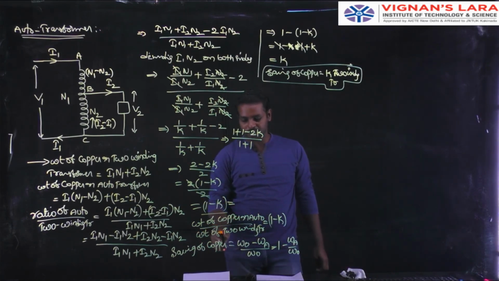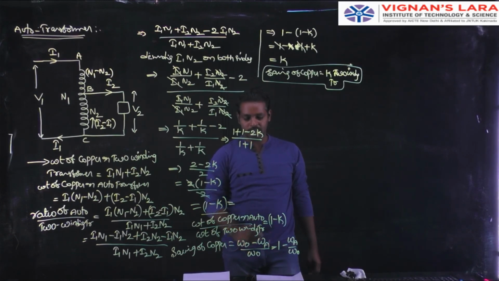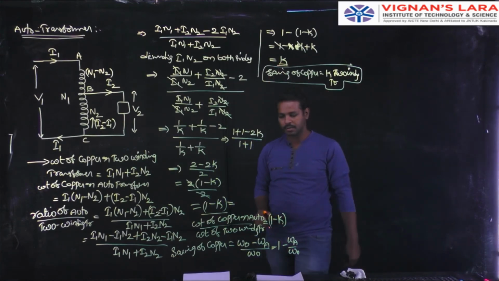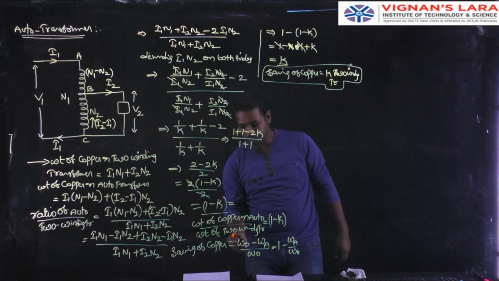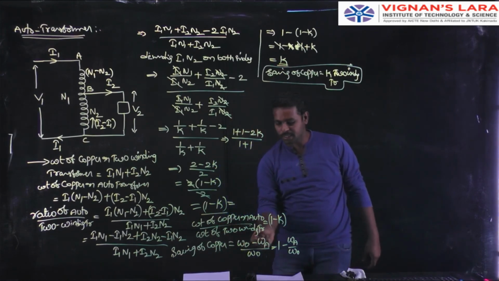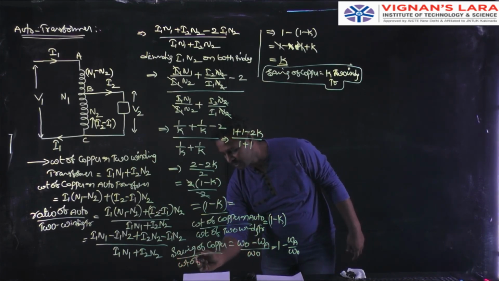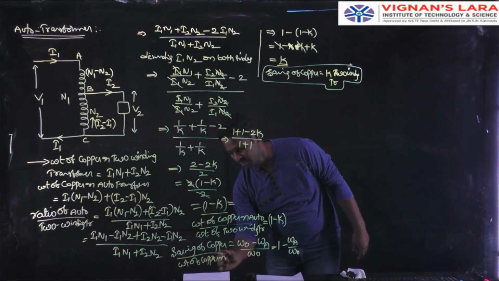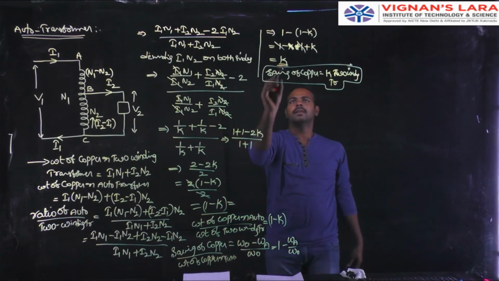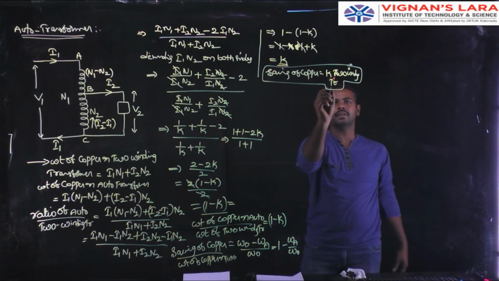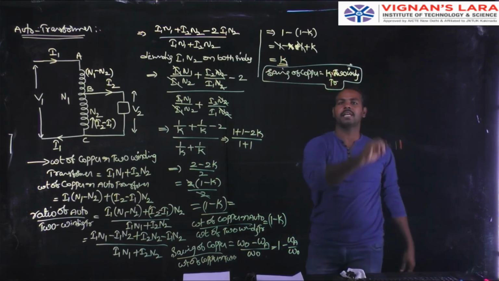So saving of copper is equal to W naught minus WA, divided by W naught, 1 minus WA by W naught, which is equal to K. So if you represent it, saving of copper is equal to W naught minus WA divided by W naught, meaning the weight of copper in two winding transformer, which is equal to 1 minus WA by W naught, which is equal to K. Saving of copper is equal to K into weight of copper in two winding transformer.